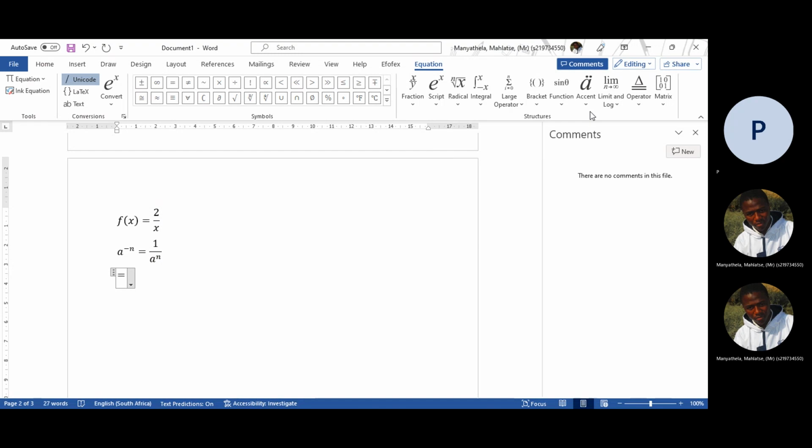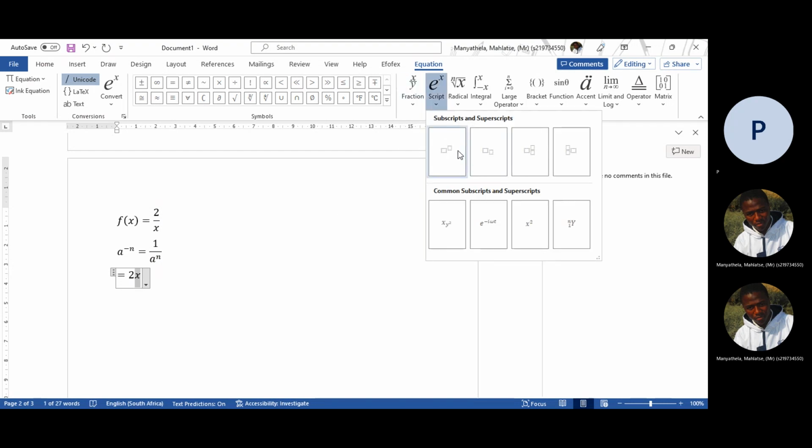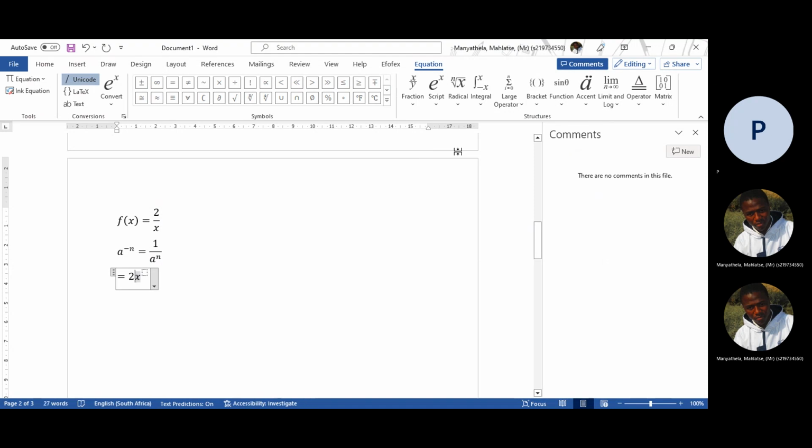It will be 2x to the exponent negative 1.